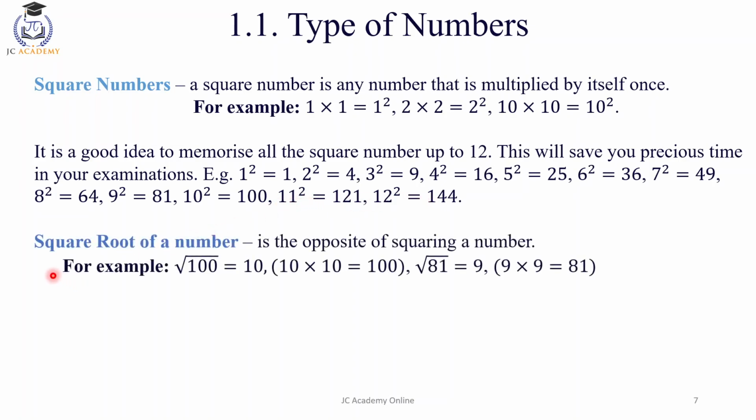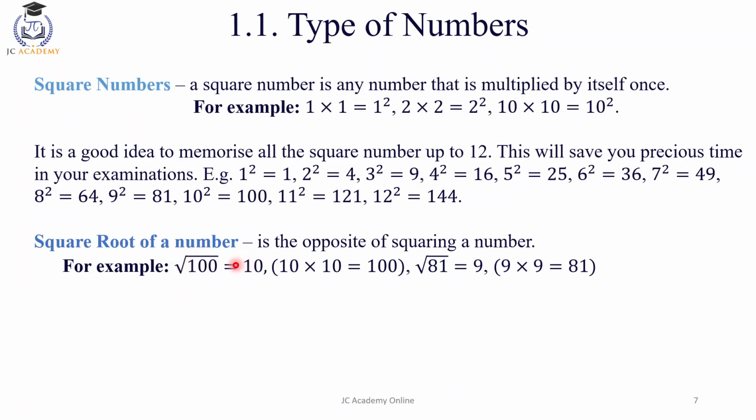Okay, then we have the opposite of square numbers, which is the square root of a number. For square numbers, we were squaring, in other words, we were multiplying the number by itself. Now for the square root of a number, we have a symbol.